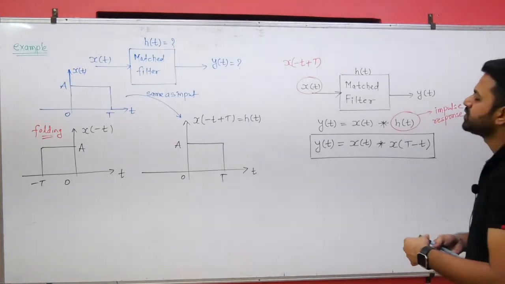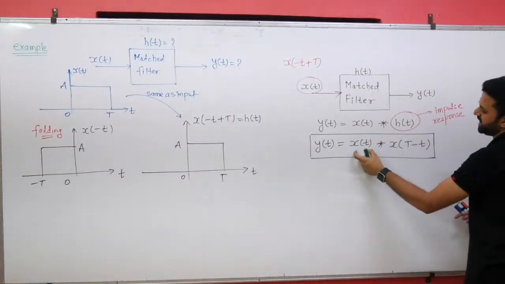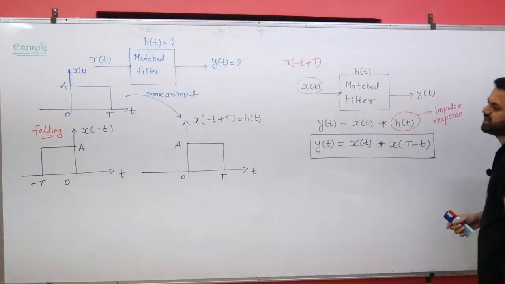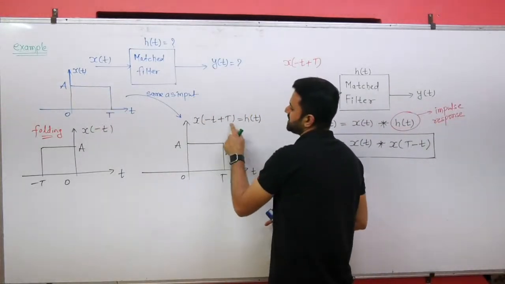Now to get the output y of t, we will convolve x of t with x of capital T minus t. So this is x of t, this is x of capital T minus t.